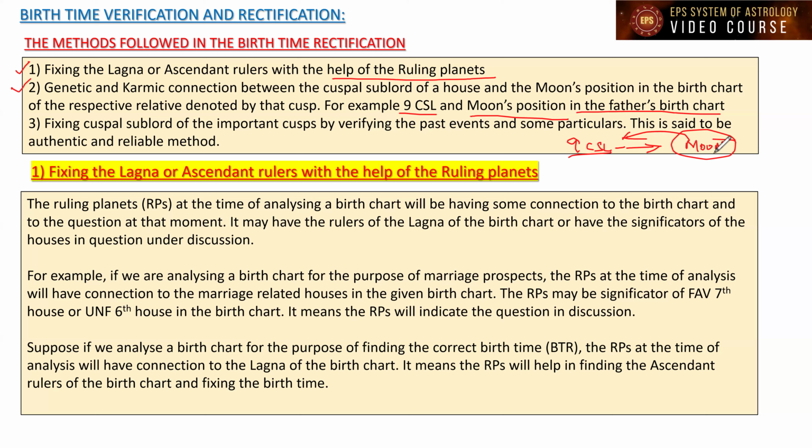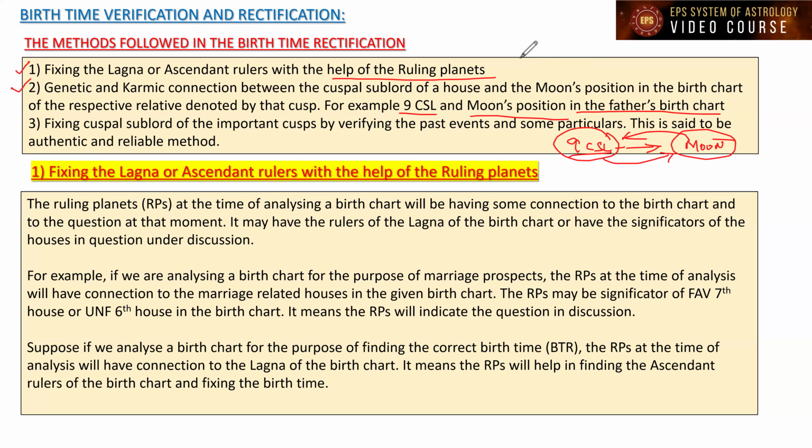Actually, the ninth rulers will have a connection. Complete rulers should have a connection directly or indirectly. But importantly, the ninth cuspal sublord will have a significant connection to the moon position in the father's birth chart. That is called a genetic connection. Why is it karmic? For example, as per karma only, everybody is getting married to a girl or boy according to karma.